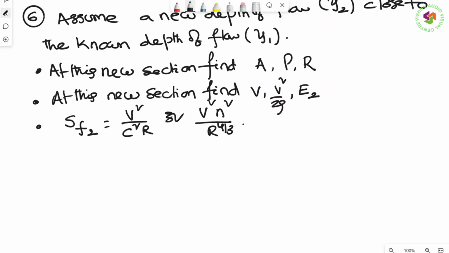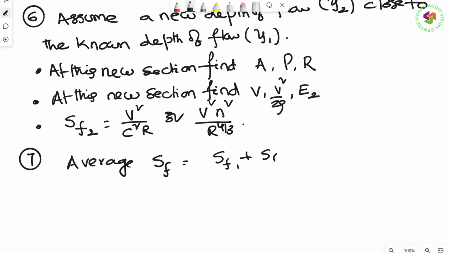So over. Then the next step is the average Sf, which is equal to Sf1 plus Sf2 by 2. Find out this Sf bar.